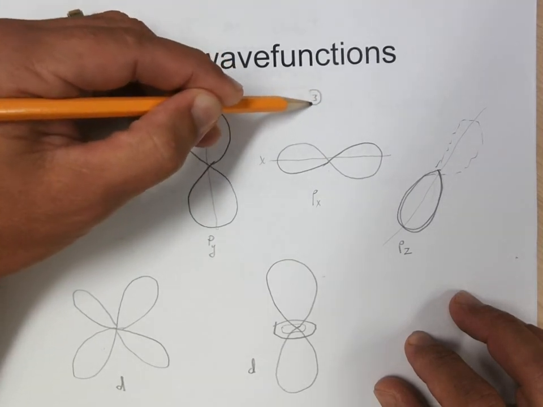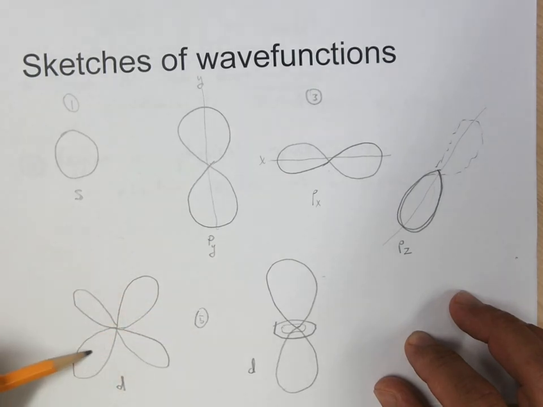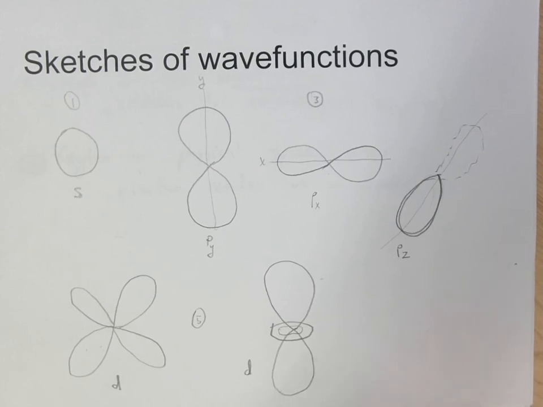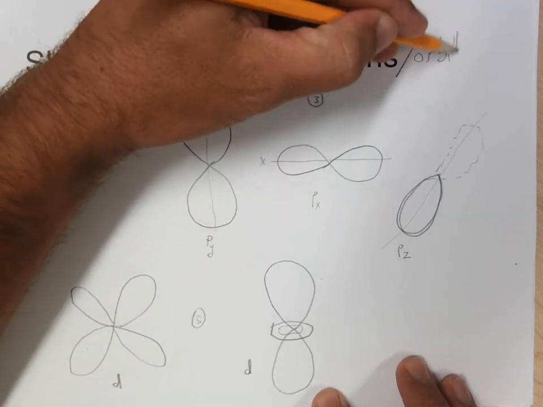There's 3 that look like this, and there's 4 that look like this one in different orientations, and 1 that looks like that. And that's, again, maybe a little above and beyond the introductory course, but we can call these orbitals as well.